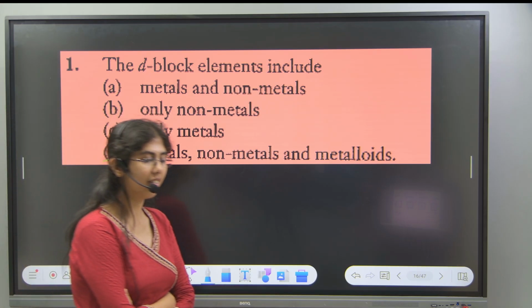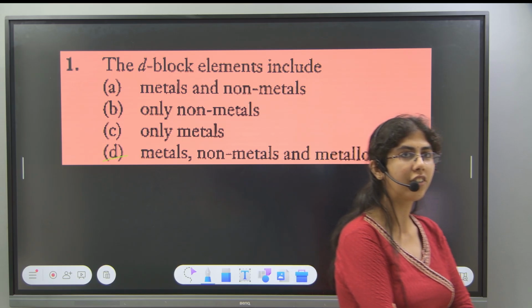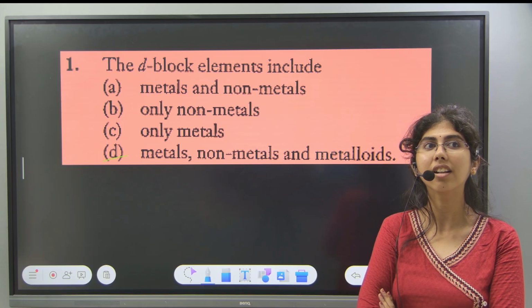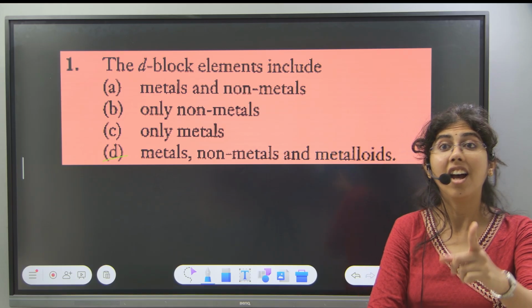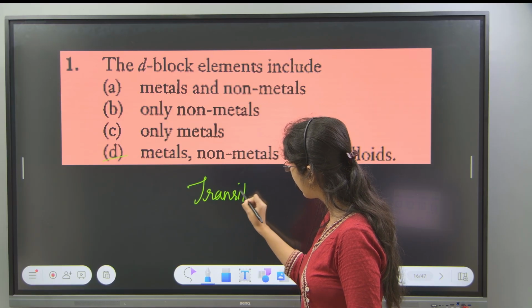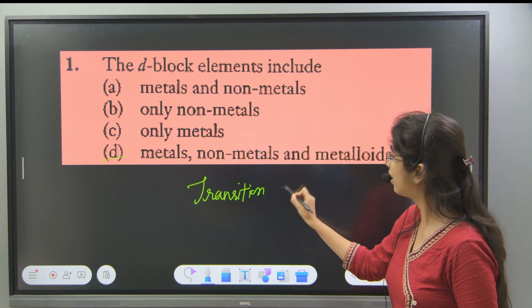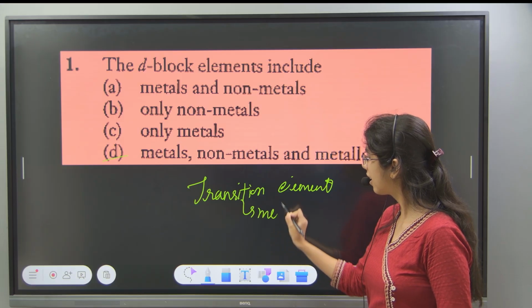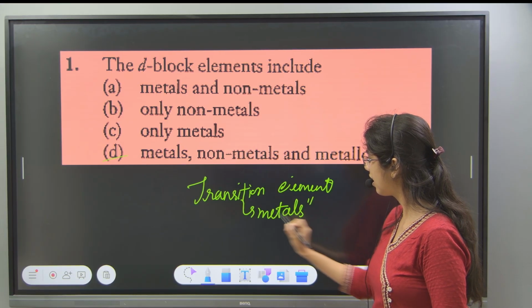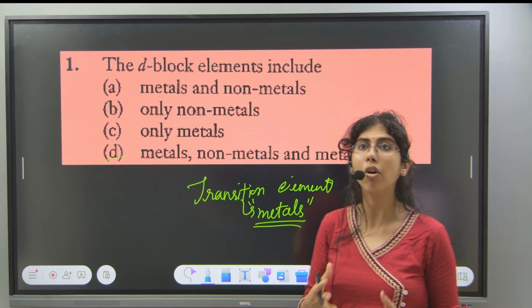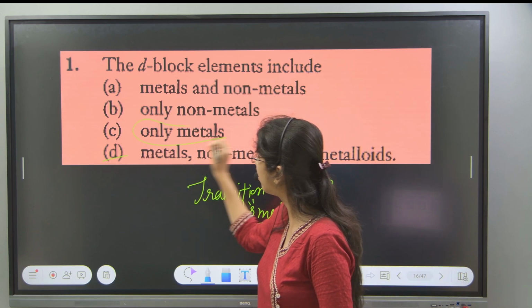You know, we call D block elements by some other name. Does anybody know that? Transition elements, or commonly transition metals. We have metals, students, in D block and F block.